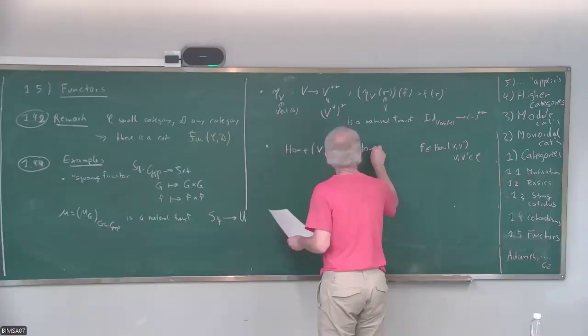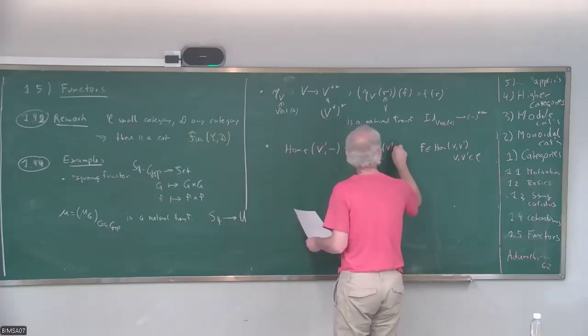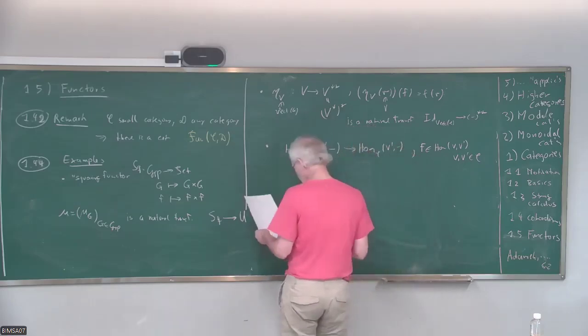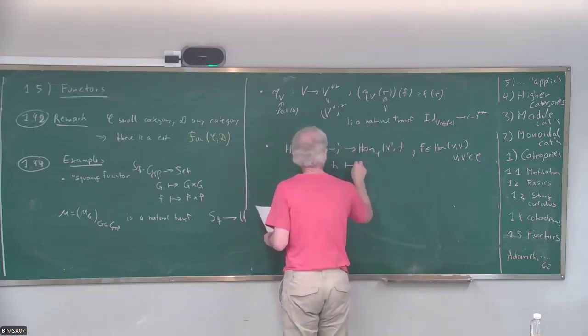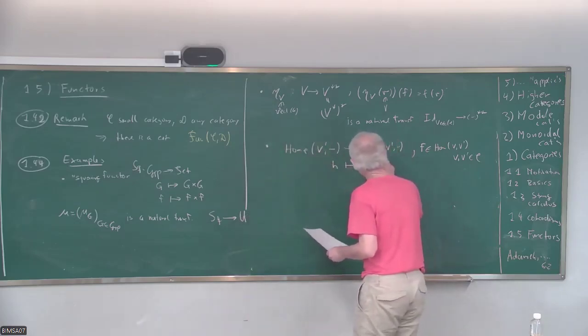To morphisms now from V prime to any object, which sends a morphism h in this space to h composed with f.